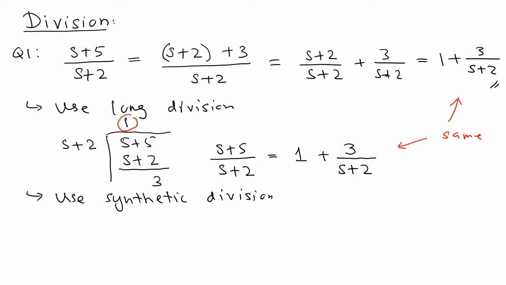S plus 5 you can write as 1 and 5, because those are the coefficients. Then we write it the other way, exactly the opposite. And then we need to write the 0. So s plus 2 means the 0 is negative 2. If it has plus 2, the 0 is actually negative 2.